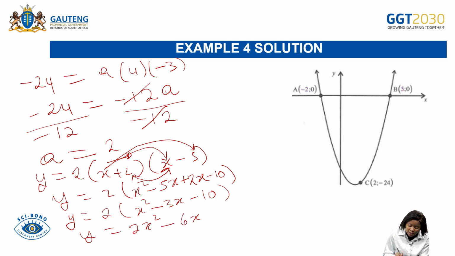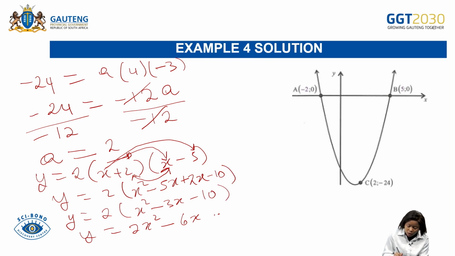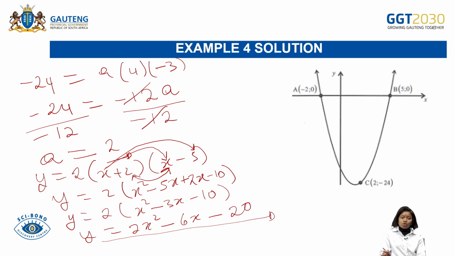And 2 times negative 10 is going to be negative 20. So that's going to be your equation. Your a is 2, your b is negative 6, and your c is given as negative 20. Okay, take time and digest all of this.